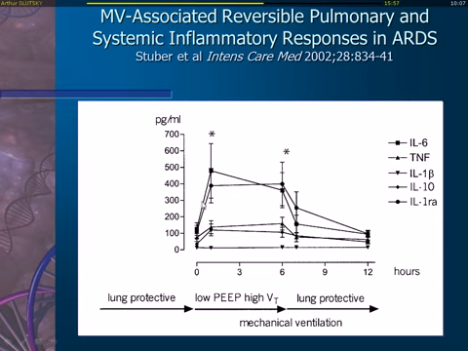And you can see that after 1 hour of less protective strategy, there was a marked increase in IL-6 that decreased when they put the patient back on a lung protective strategy. So the important point here was it occurs in humans, but also that this can occur very quickly. So even a short period of time on an injurious ventilatory strategy can be bad for your patients.